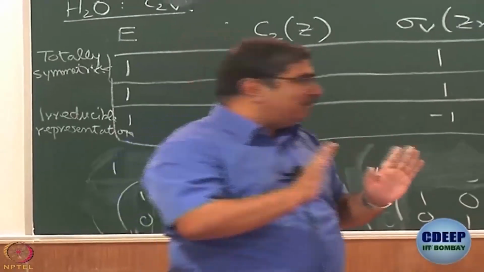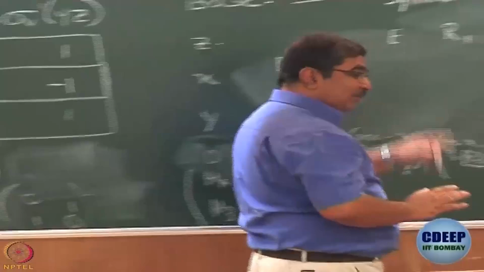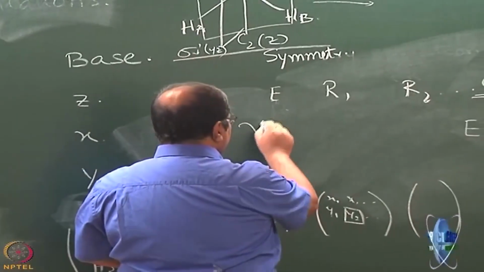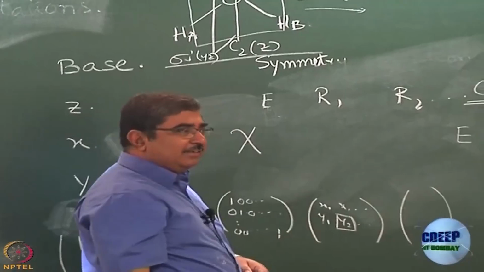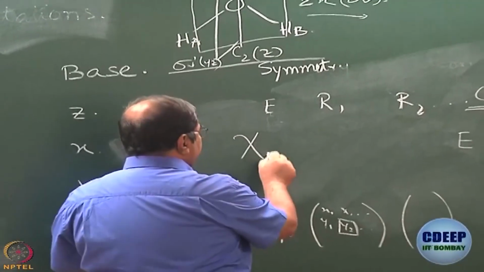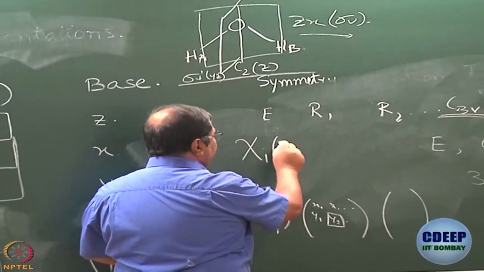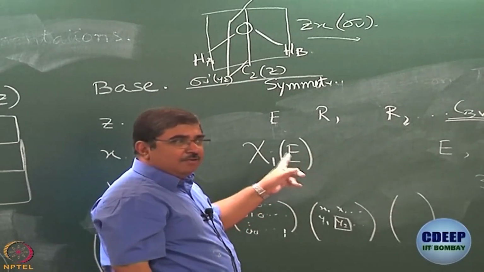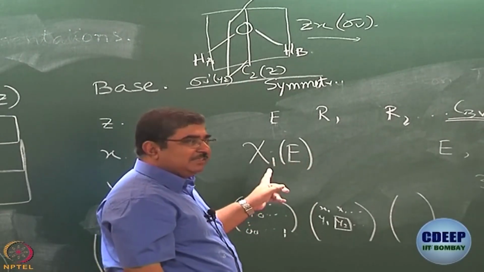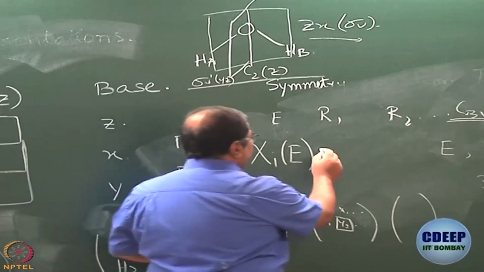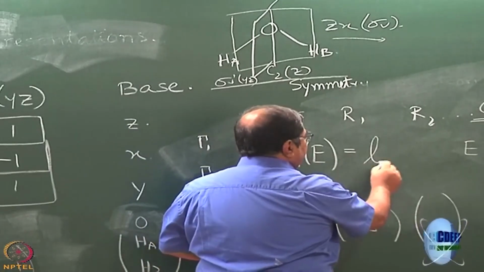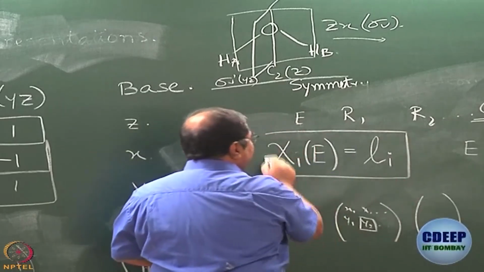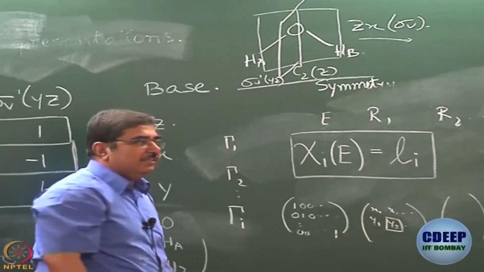The point we are trying to make is this, and this is something that is not written in those 5 rules, so I will write it separately. Chi is how we denote the character. Chi for E, identity operation, for the ith irreducible representation is equal to the dimensionality of that representation. Do we agree with this or do we not agree with this?